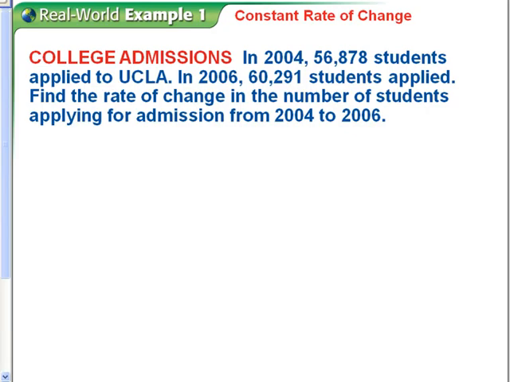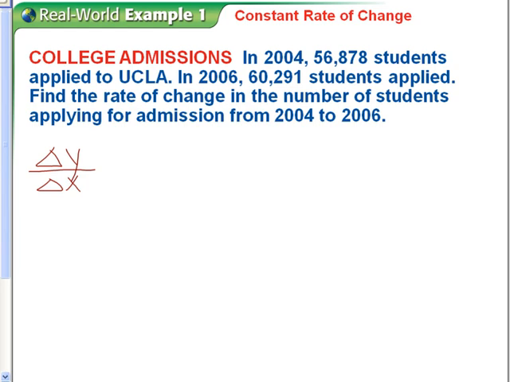Alright, example 1. We need to find the rate of change. So change in y over change in x. The Greek symbol for change is like that. Okay, how much do our y values change? Well, our y values in this case is the number of students.